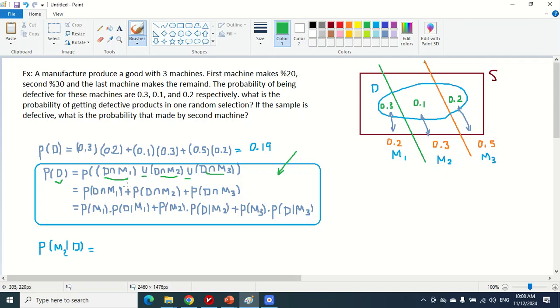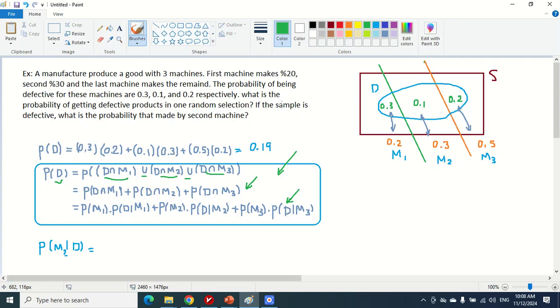Since the partitions M1, M2 and M3 have no intersection, I can rewrite it as the addition of the probabilities, and at the end of the day, the multiplicative rule leads us to that formula.